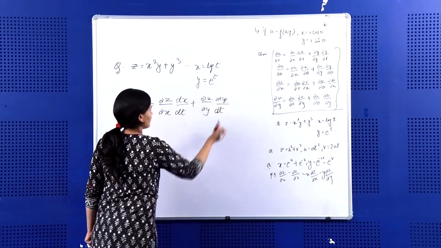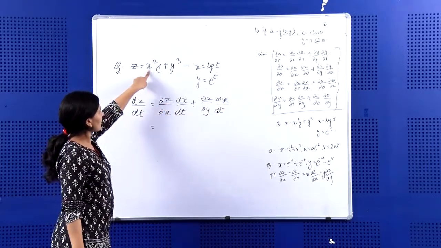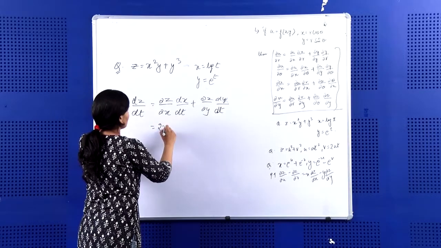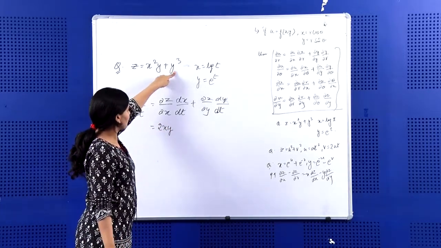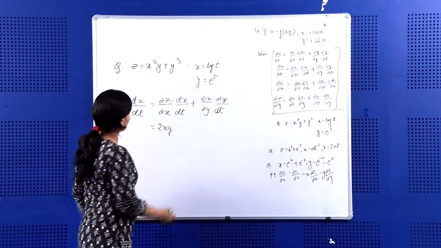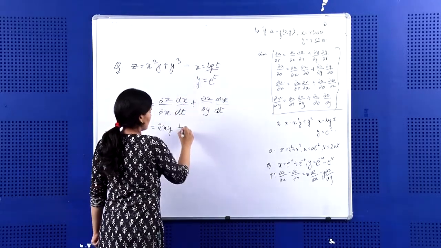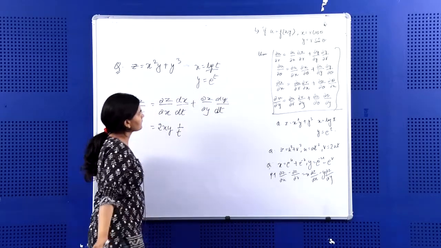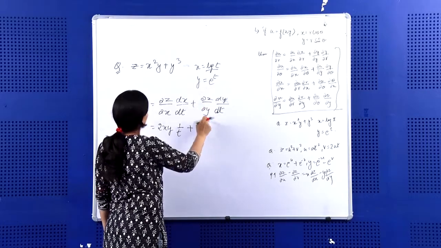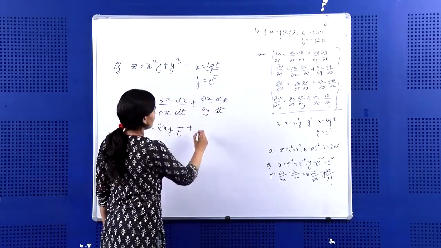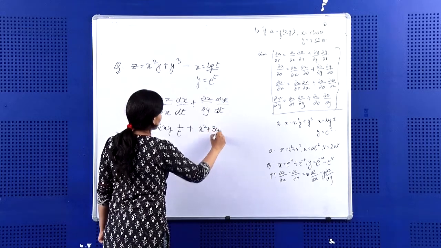Now, the derivative of z with respect to x will be 2xy, and the y cube derivative with respect to x will be 0. Then dx by dt, for log t, is 1 upon t, plus the derivative of z with respect to y, which will be x square plus 3y square.